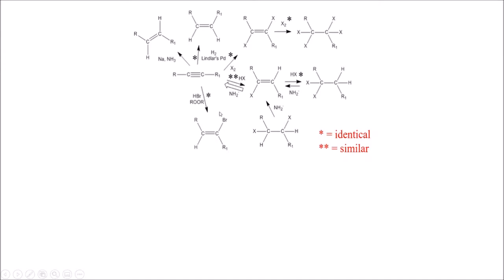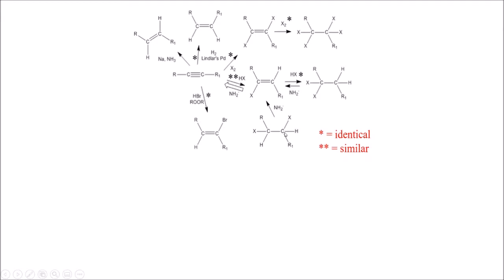In this particular example, R1 doesn't actually give us a good one, because the alkyne that we started with was disubstituted. So there's not really a good anti-Markovnikov in the particular drawing that I have. So I need you to think of R1 in this particular case as a hydrogen, so that you can kind of see how this is intended to be an anti-Markovnikov product.